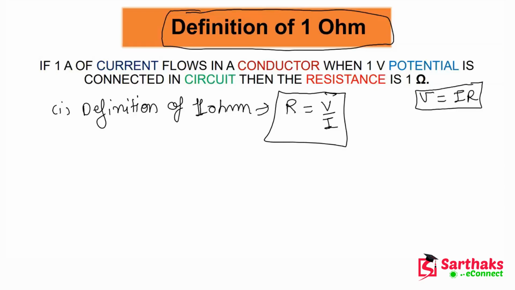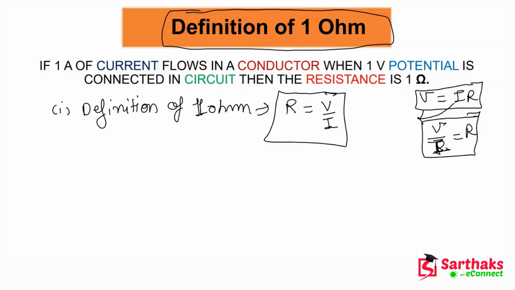I didn't do anything rocket science. I simply cross multiply this I here, so it will go in the denominator, and the formula of resistance will be V upon I. By this formula, I will figure out the definition.